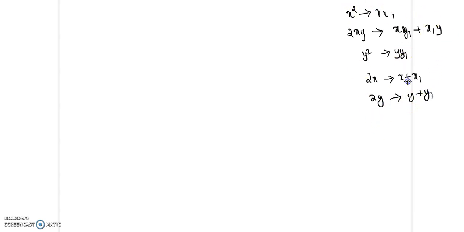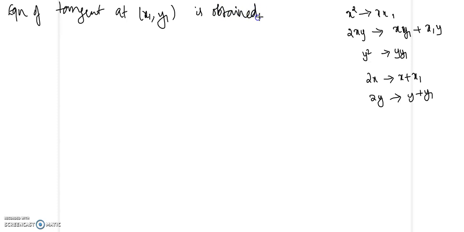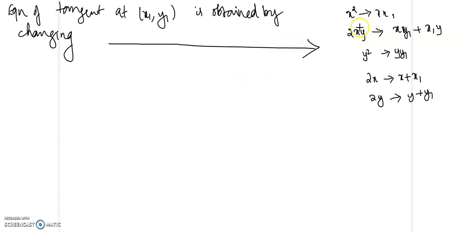So in the equation of the conic, use these changes, and that will give you the equation of the tangent at x1 y1.